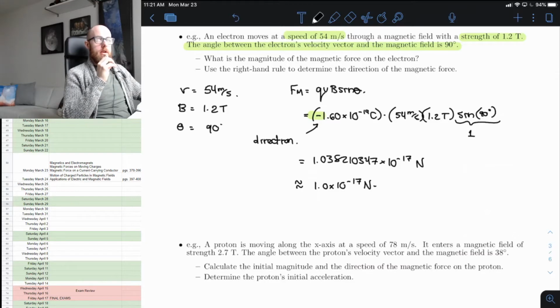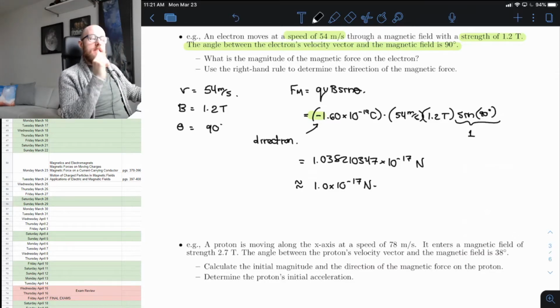All right. So what we're going to see in the next example is we're going to calculate the initial magnitude of the force and the initial acceleration, because you're right, as soon as it starts feeling that force, it's going to change direction, and then everything's kind of off the table.